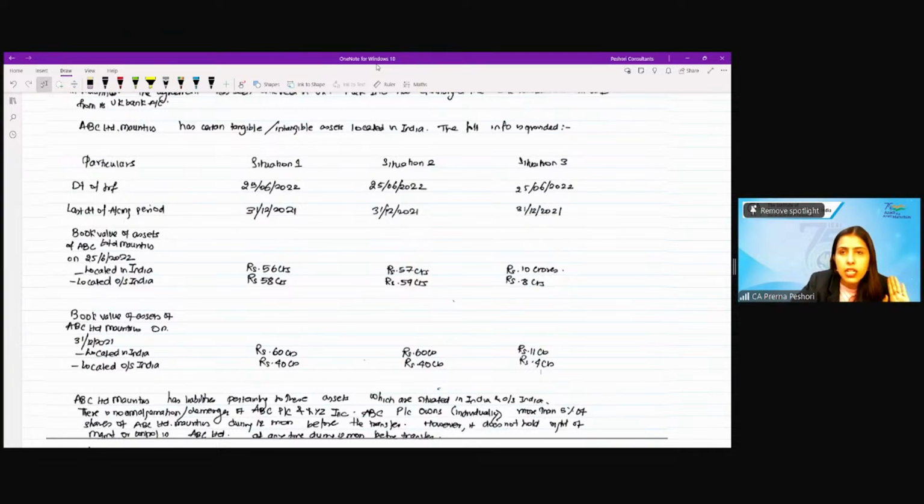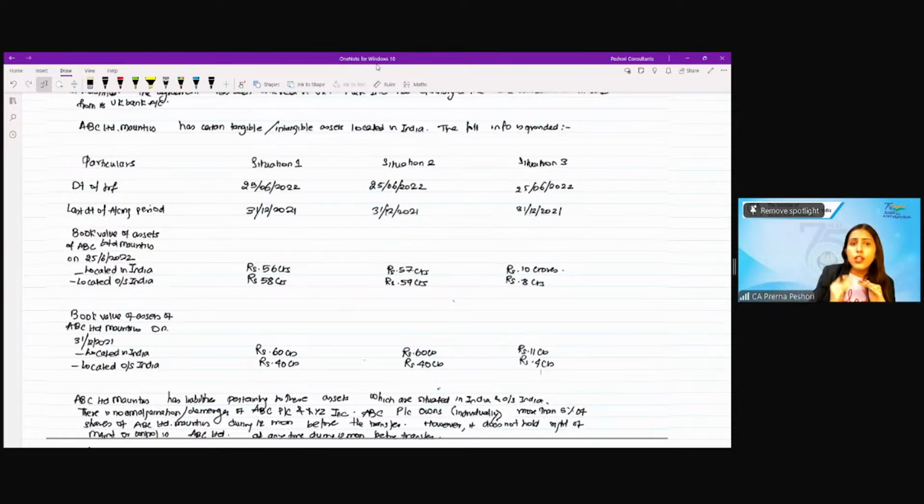So now tell me, in the first situation, you have to assume the book value is equal to the fair value itself. What will be the implication? If you look at the book value of the asset, first you have to identify the specified date. Since I've said the book value is equal to the fair value, at least that part is sorted.